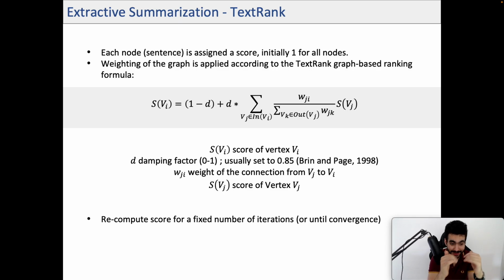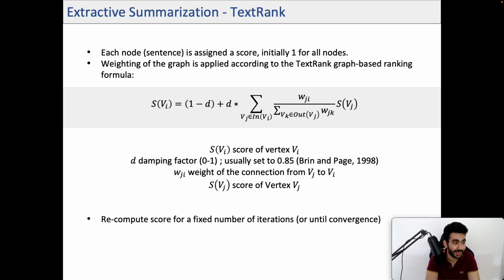Vertex I is our sentence, and Vj are all the sentences which have a similarity or a connection towards vertex I. Whereas we divide the weight of the connection from Vj to Vi, which is the similarity, over the sigma of Vk, where we sum over all the outbound vertices, or the similarity of the sentence to all the outbound connections, more or less.